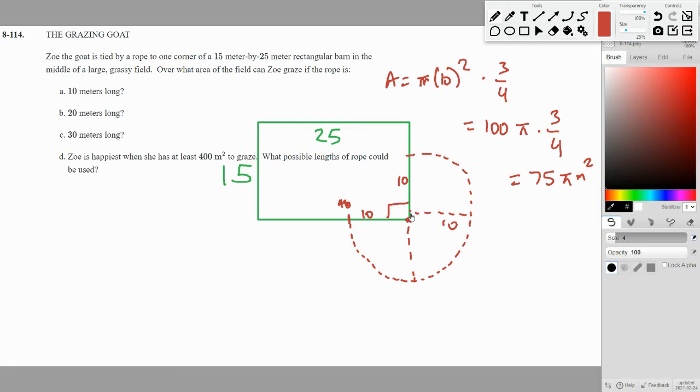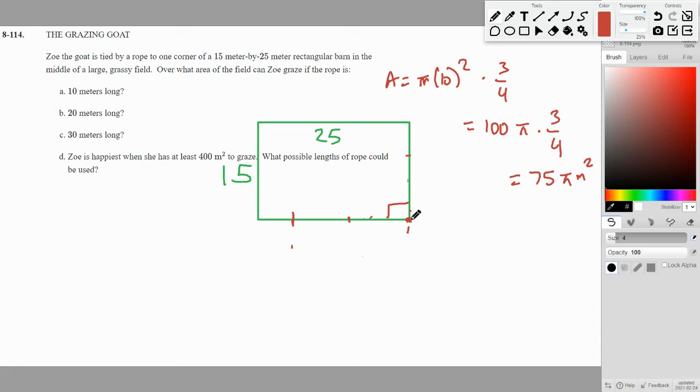But let's say we're changing this up and we're going to do part B, which is 20 meters long. So this changes things a little bit. I'm trying not to erase the barn as best as I can here. Let's say that our rope is 20 meters long. We're still not at the edge here.